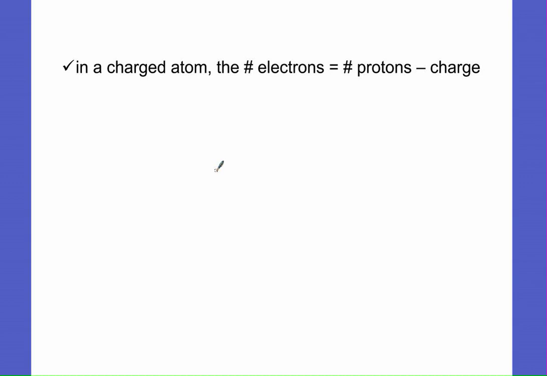So if I had an example there, maybe I'm going to have magnesium 25. But magnesium is a metal, it tends to lose electrons, so let's give it a charge of +2, right? So if I give you a charge, the only thing that changes, I still got to look things up on the periodic table.